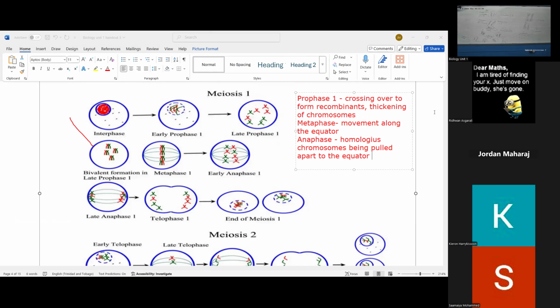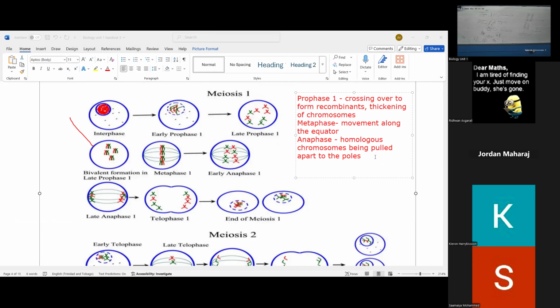You're going to state the homologous pairs of chromosomes are pulled apart by the spindle fibers. Sorry, not to the equator, to the poles at the opposite ends of the cells.